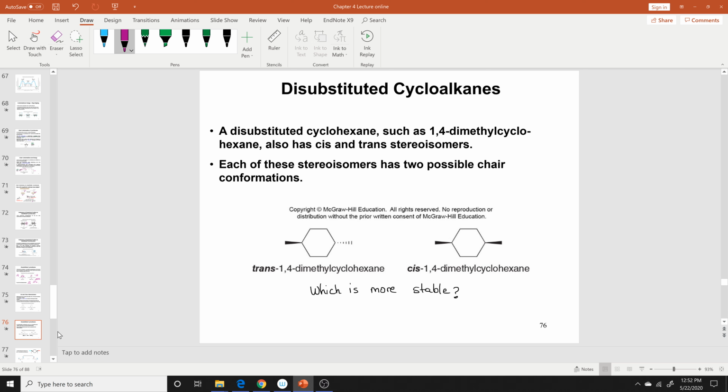So you name your structure: this is the 1,4-dimethylcyclohexane, and in front you have to point out these two substituents. What is the relationship between each other? Are they on the same side or on the opposite side? If they are on opposite sides, then it's trans. If they are on the same side, it is cis. And again, if you have three substituents on the cycle, there is no cis and trans.